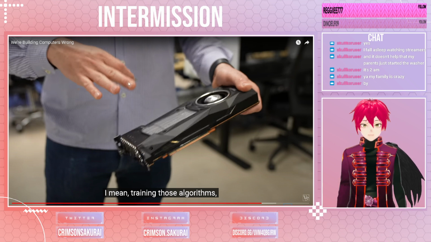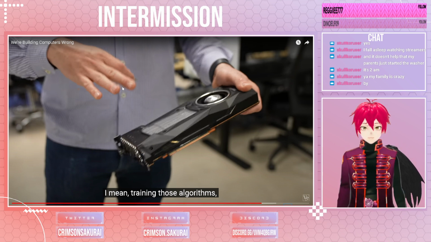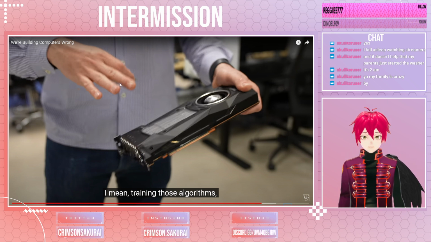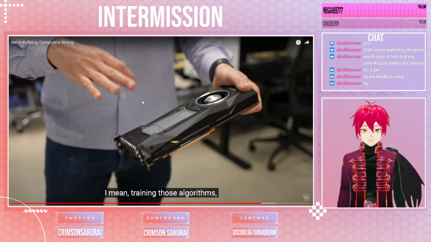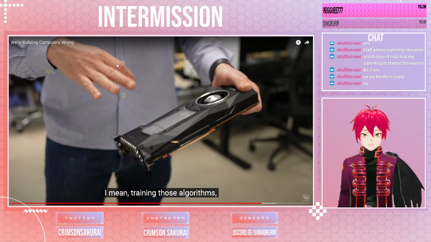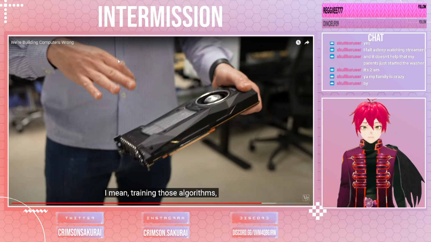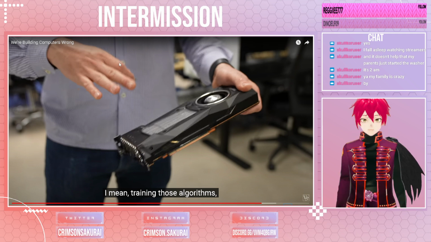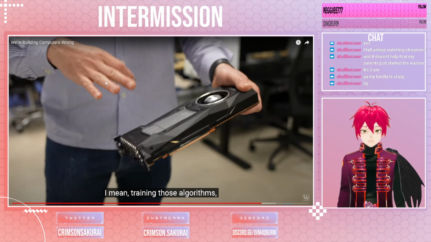So if you're going to combine this type of computing hardware to make it run like a GPU, maybe we could just use 60 of these. So that's 60 times 3.